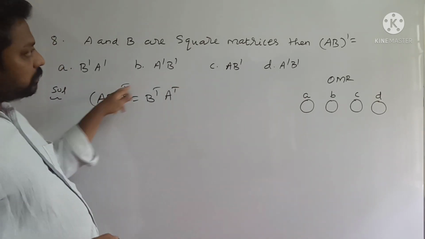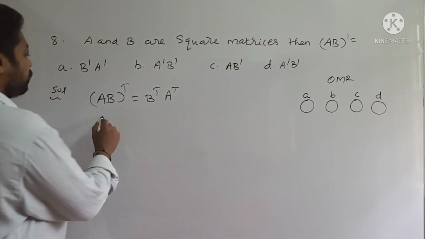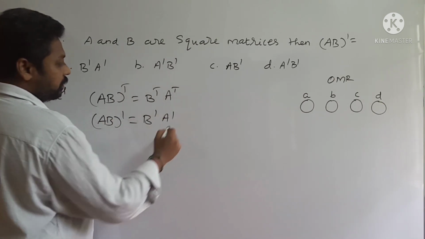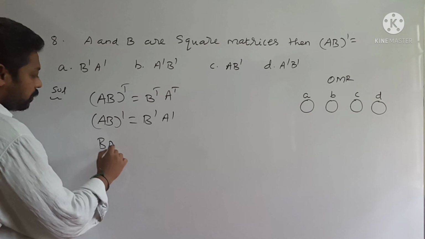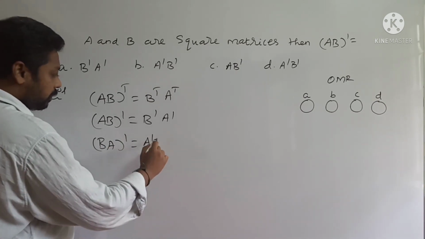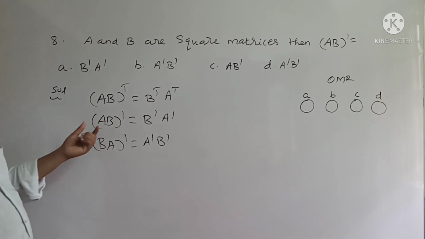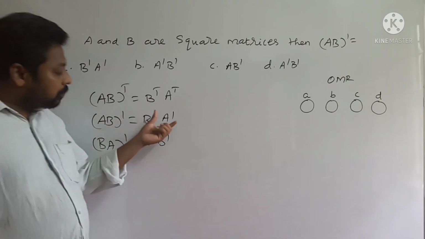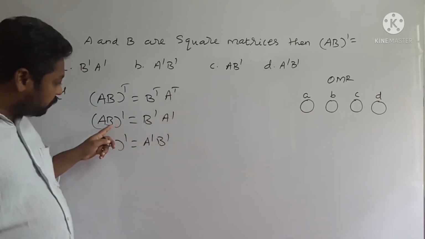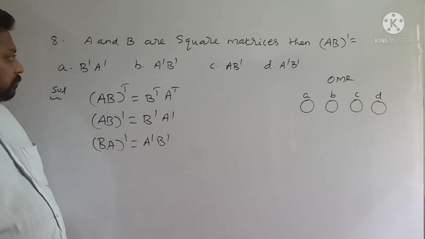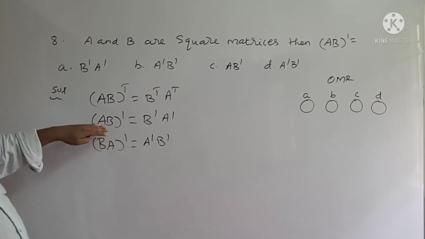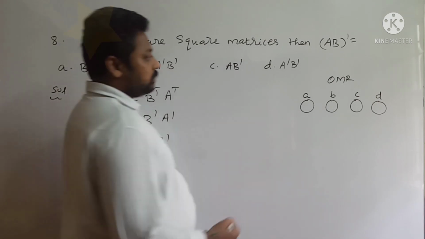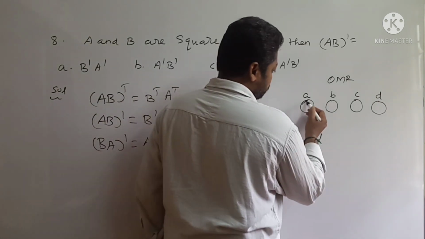Instead of transpose, dash is given, so (AB)' equals B' A'. The transpose of a product of matrices equals the product of the transposes in reverse order. So what is the option? (AB)' equals B' A'. Option A is the correct answer. You can shade it in the OMR sheet.